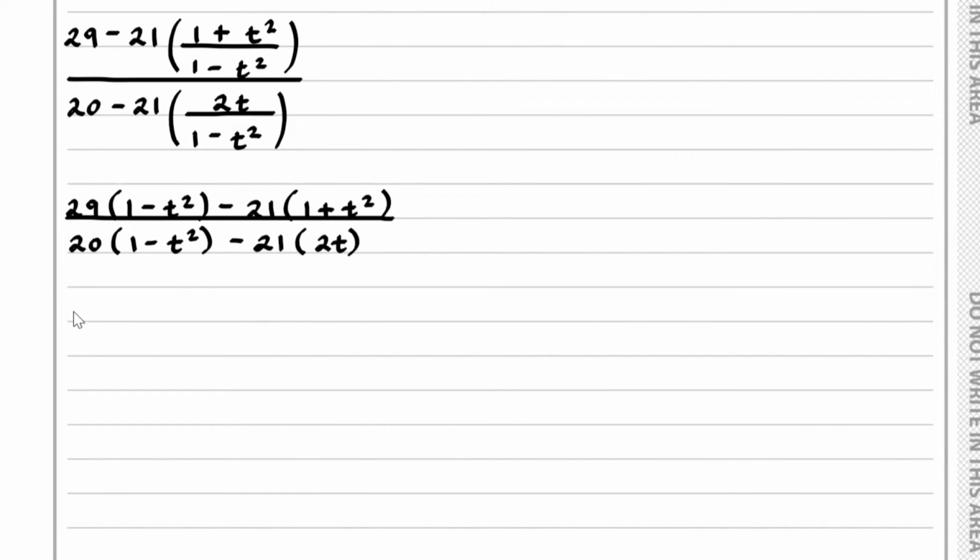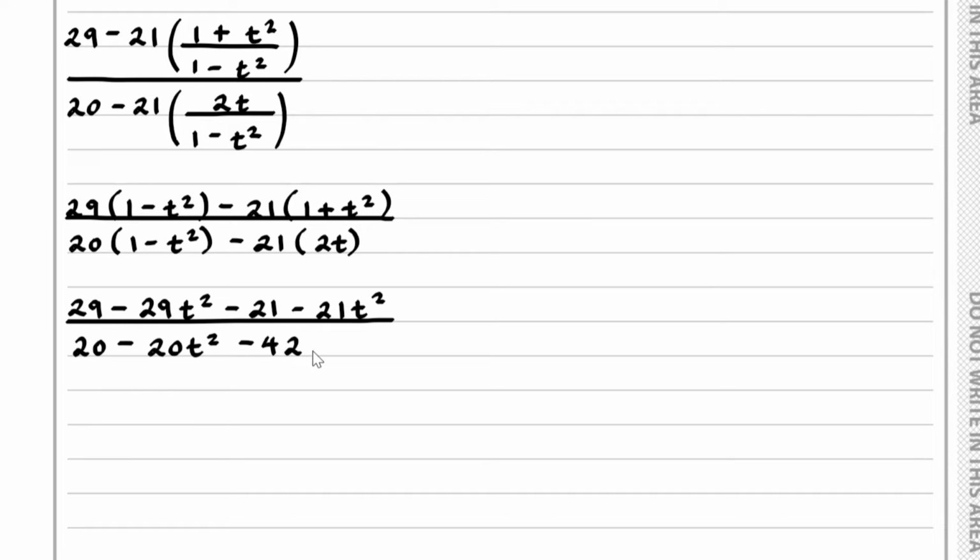So on the top we have 29 subtract 29t squared subtract 21 subtract 21t squared, and on the bottom we've got 20 subtract 20t squared subtract 42t.